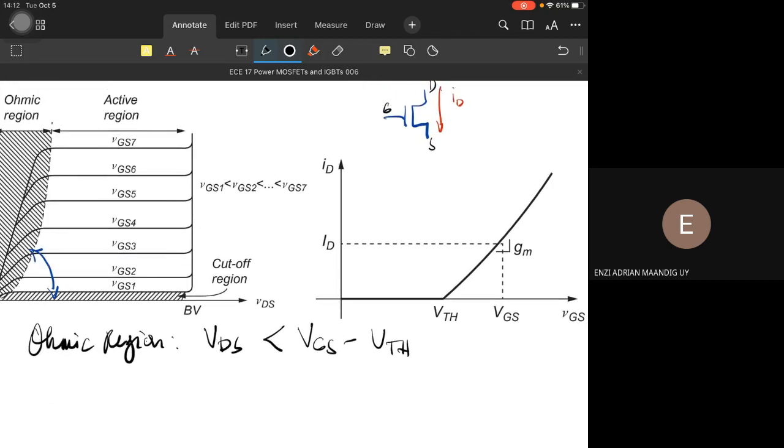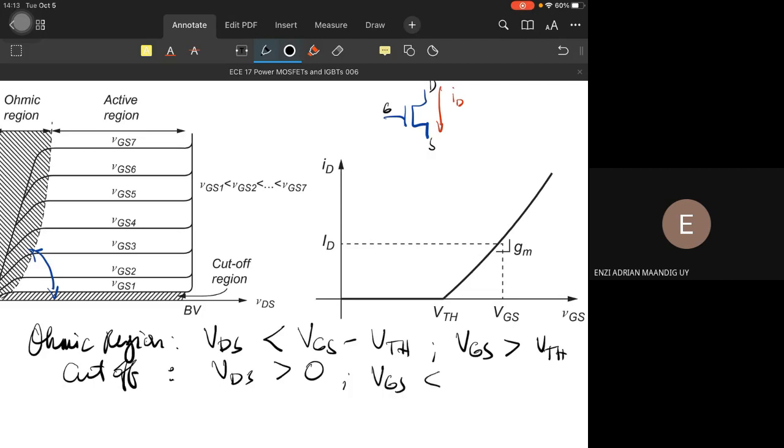But we know that the MOSFET is in the ohmic region if VDS is still less than VGS minus VTH, where VGS is greater than VTH. It is in cutoff, an off state, if VDS is greater than 0 but VGS is less than VTH.